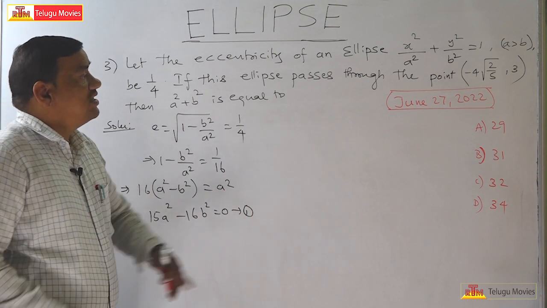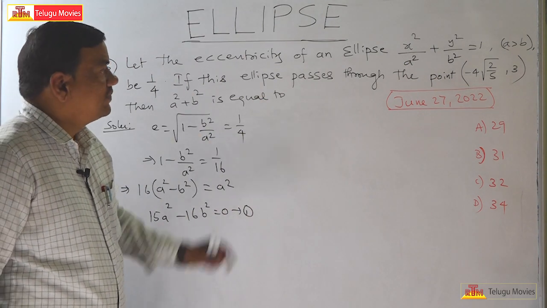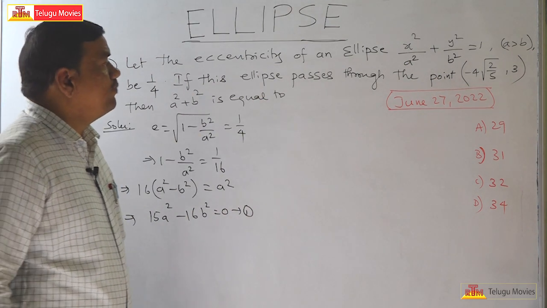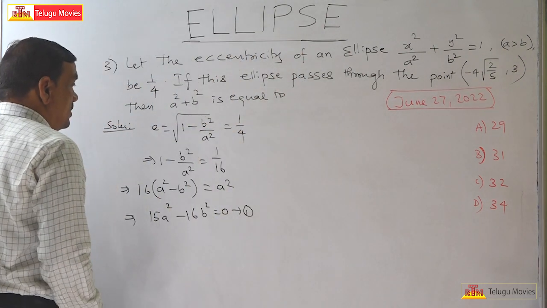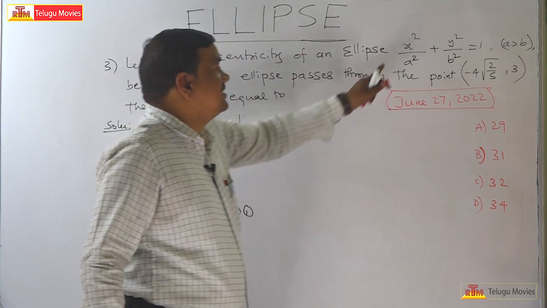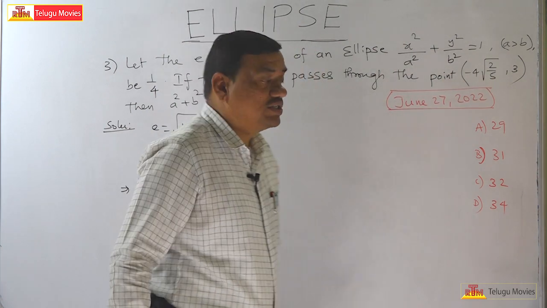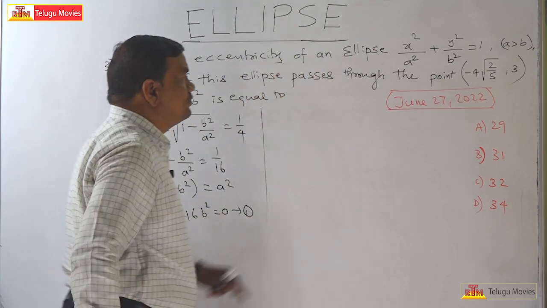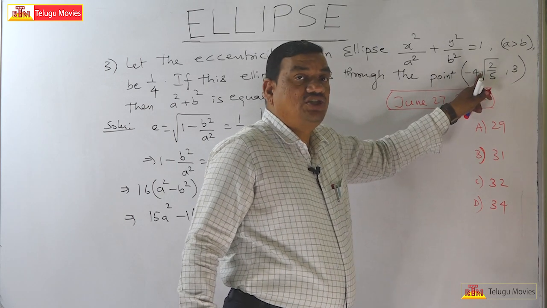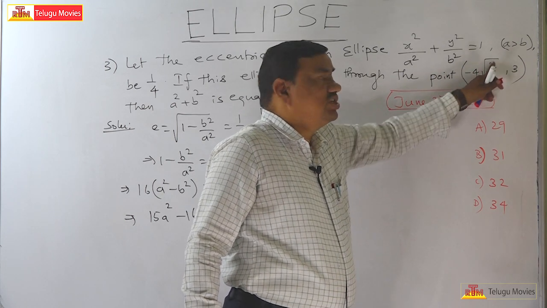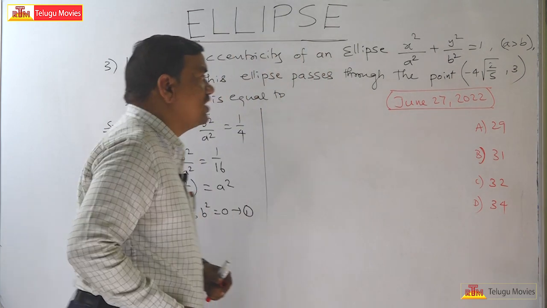Let us use the second hint, that the ellipse passes through the point minus 4 under square root of 2 by 5 comma 3. That means wherever x is there, substitute minus 4 root 2 by 5. Then x square is 16 into 2 by 5, which is 32 by 5.